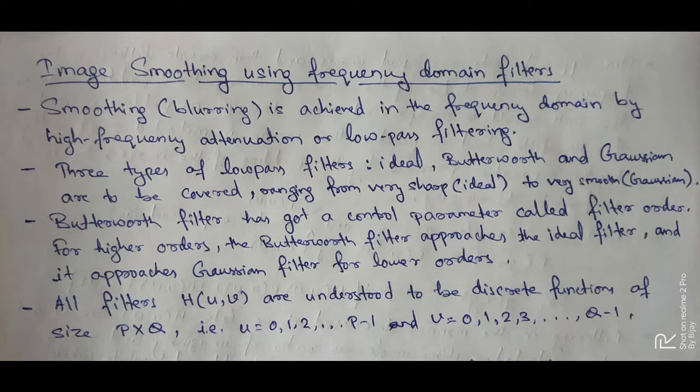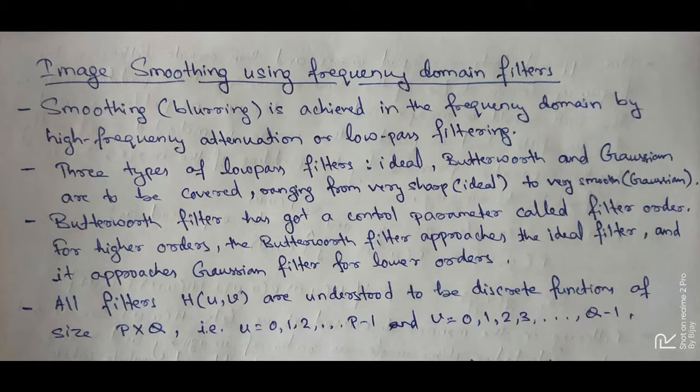So whatever image results from low pass filtering will have only slow changes of intensities, and it will be devoid of sharp transitions of intensity. So we call it a smoothed image. So how are we going to smooth the image? We are going to use a low pass filter, retaining the lower frequencies and attenuating the higher frequencies.